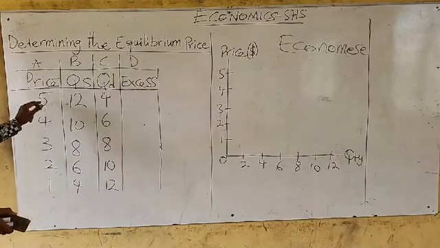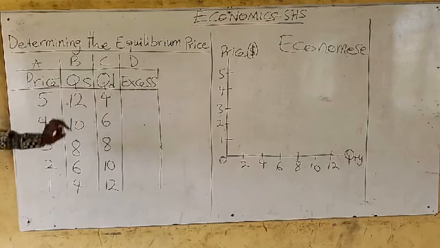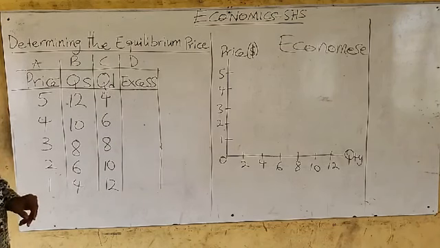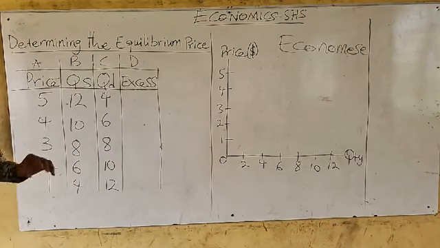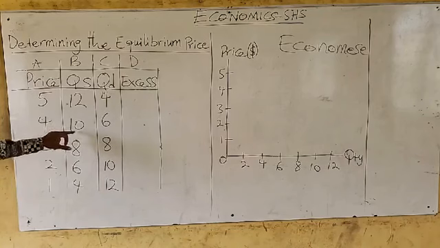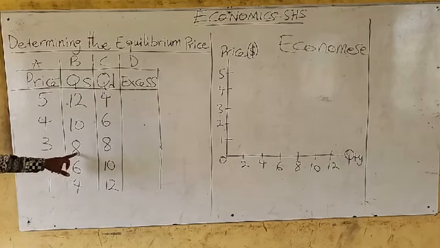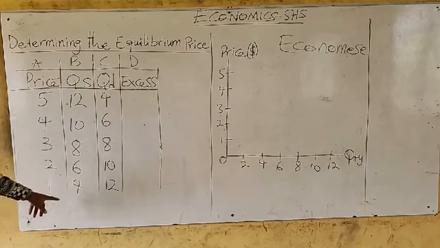At the price of $5, Ama, who is selling the product, brought 12 quantities. If it's KK, 12 balls to the market. At the price of 4, she brought 10. Down to a price of 3, she brought 8. You go down till you get to 4 at the price of $1.